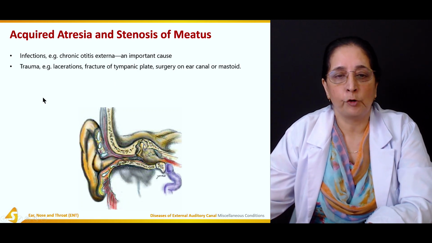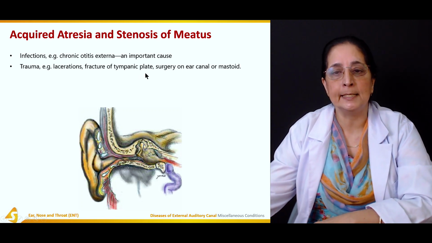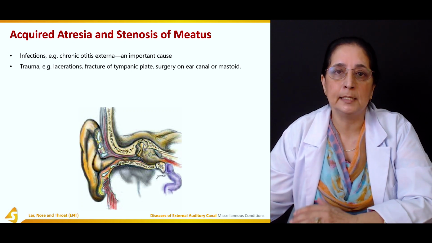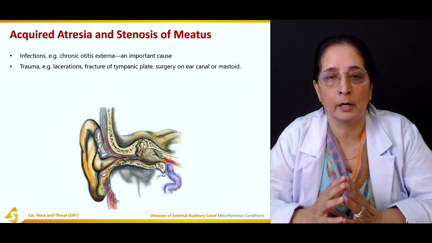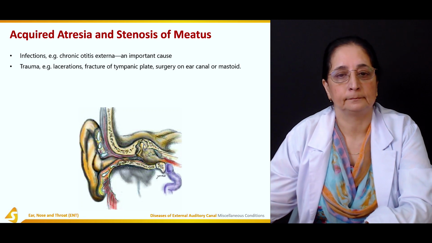And then trauma like lacerations, fracture of the tympanic plate, or surgery on the ear canal or mastoid. All these can lead to atresia or stenosis, or narrowing of the auditory meatus.